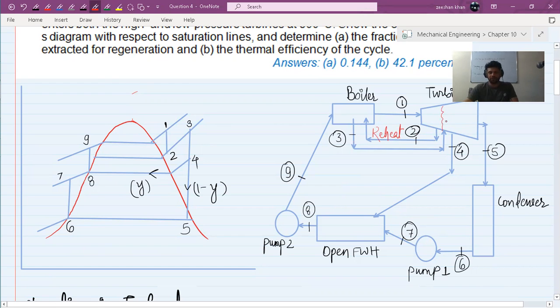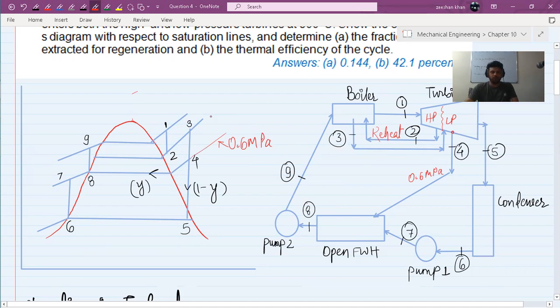This is the high pressure turbine, this is the low pressure turbine, and at the entry of the low pressure turbine, the state of the steam, superheated steam, is the third state, and then at the fourth state, which is 0.6 megapascals, this is the state where an amount of it is taken out. We are naming it y amount.